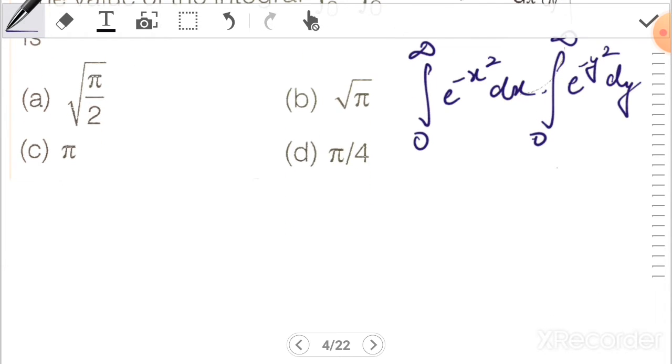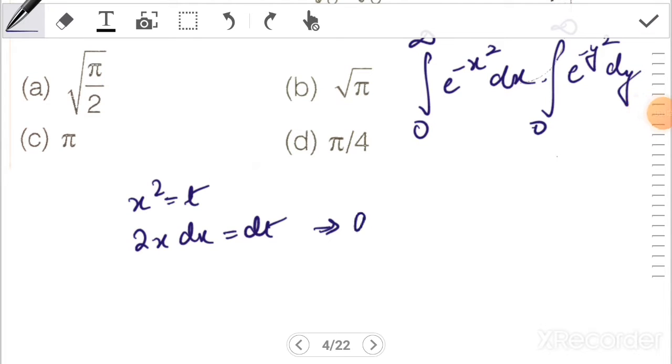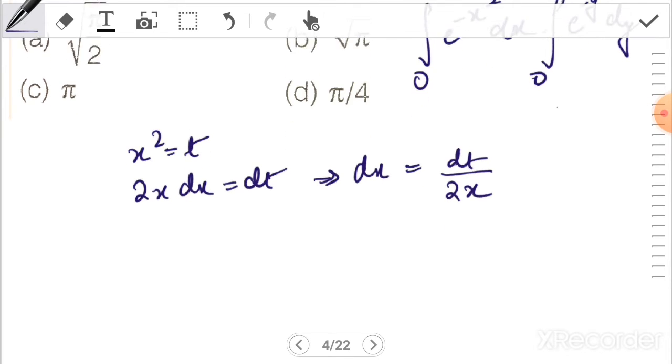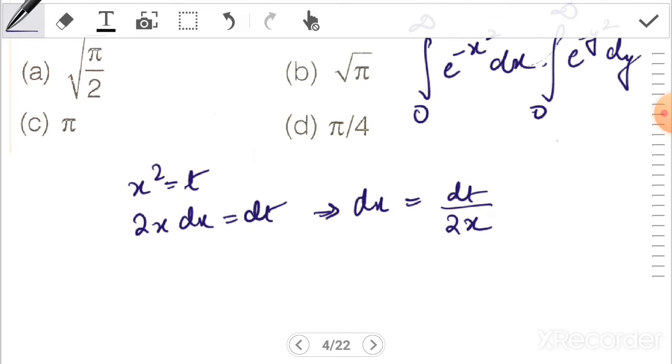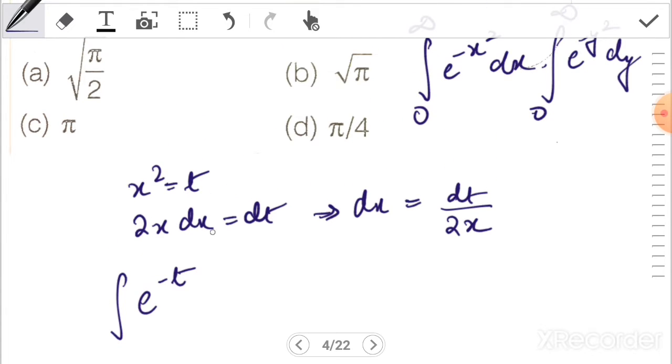Now let us put x square equal to t. Then 2x dx is equal to dt, so dx is equal to dt by 2x. Now let us replace x square by t. So we have e power minus t and dt by 2x.